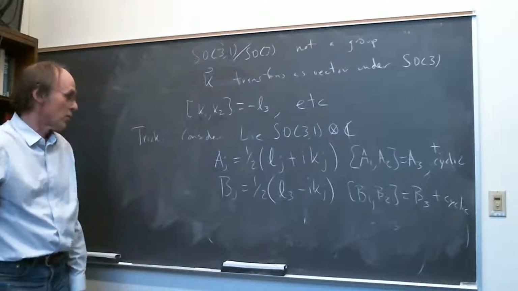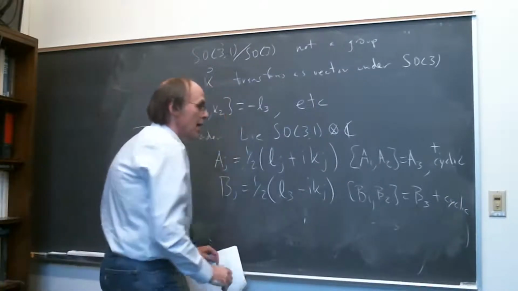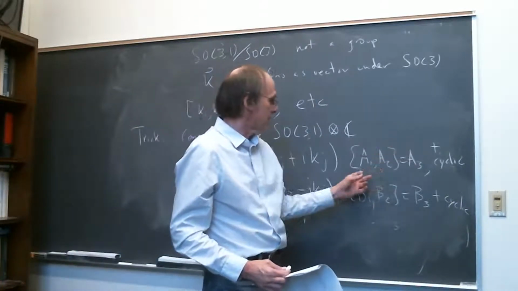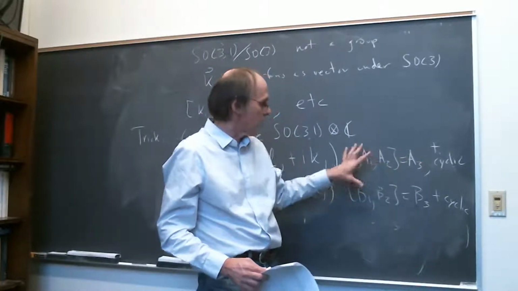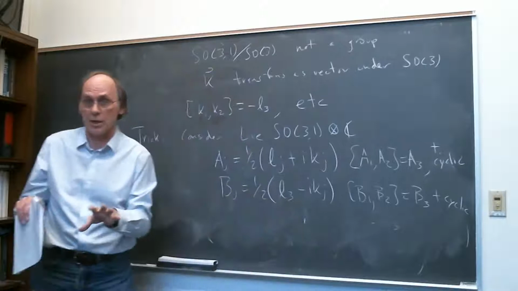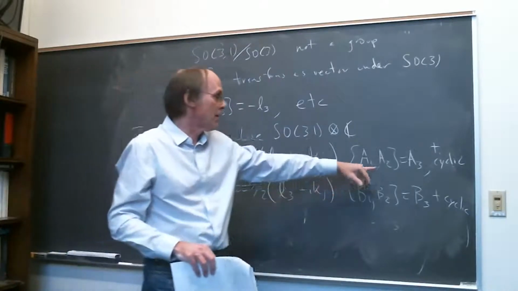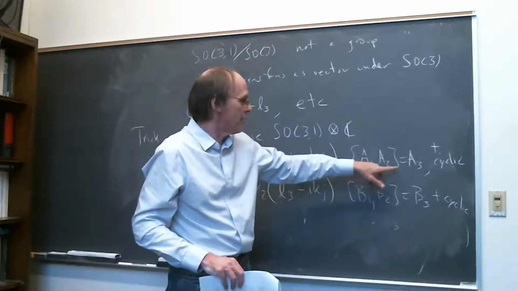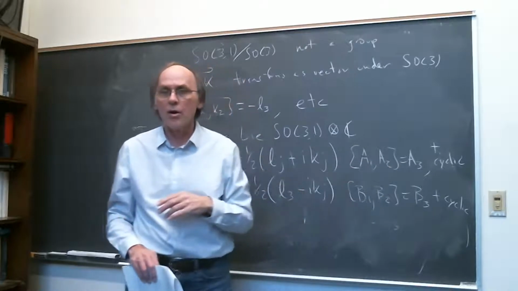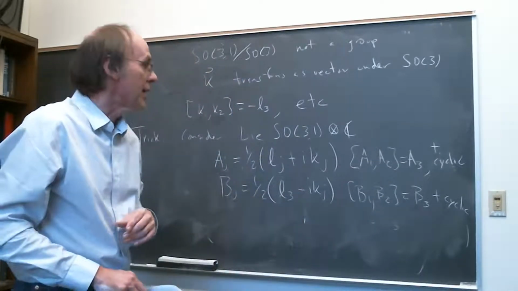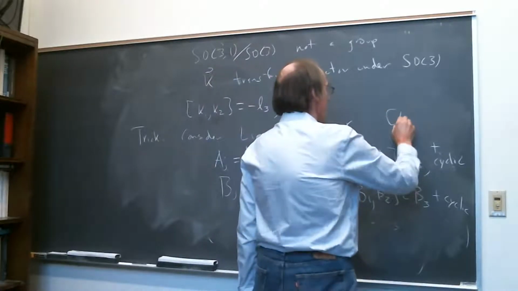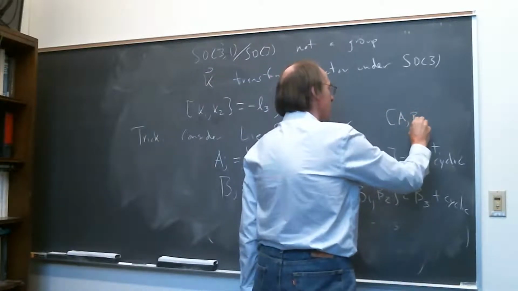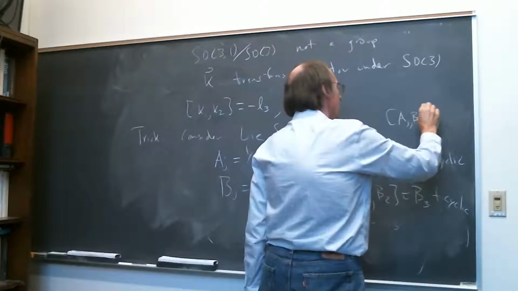These are now complex Lie algebras, just sl2C. And by computation, A_J and B_K commute, so [A_J, B_K] is equal to 0.